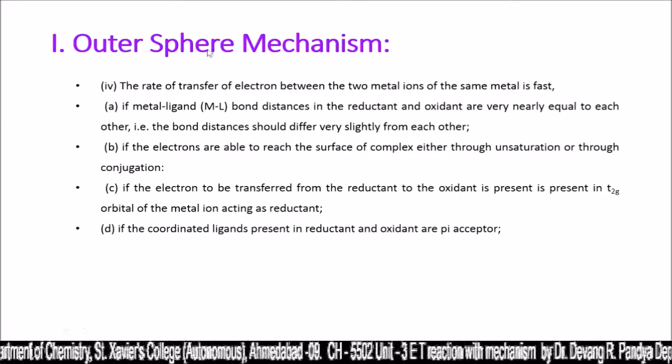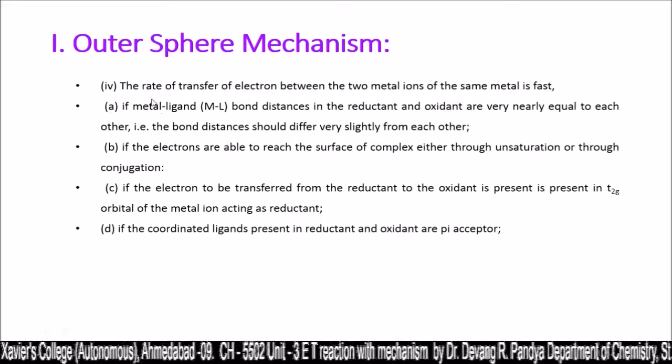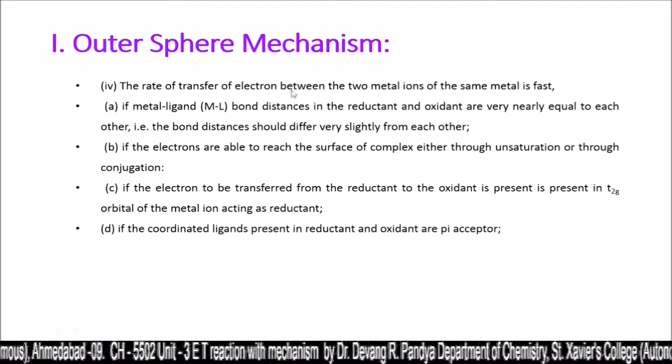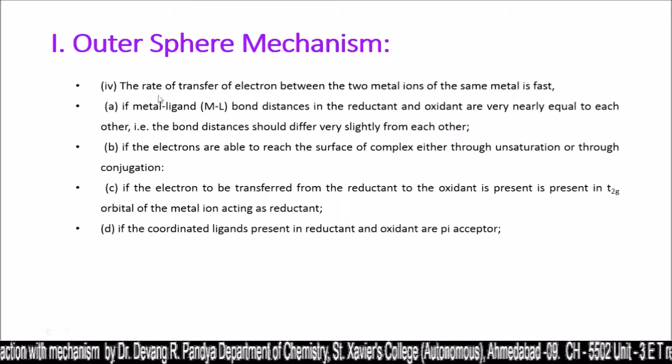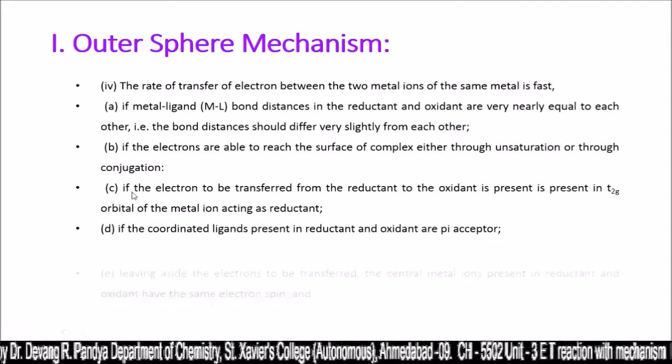So these are the four points for which the rate of transfer of electron between two metal ions of the same metal is fast.